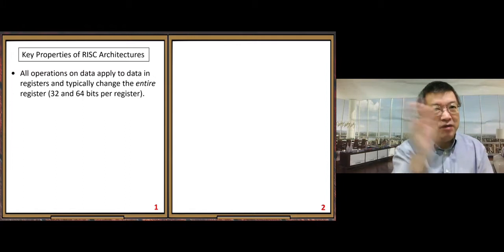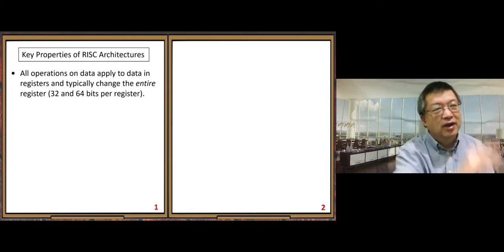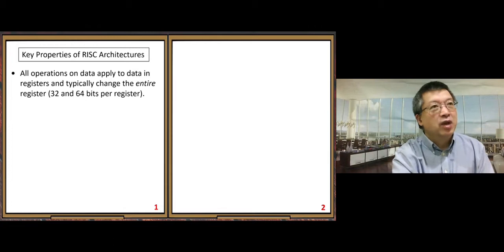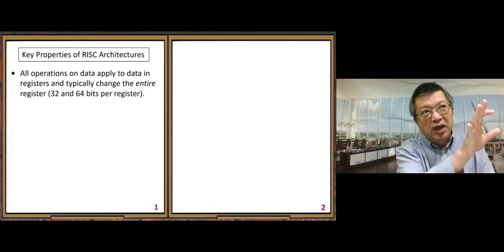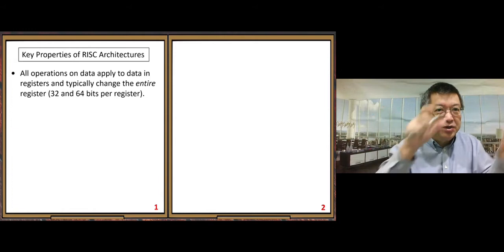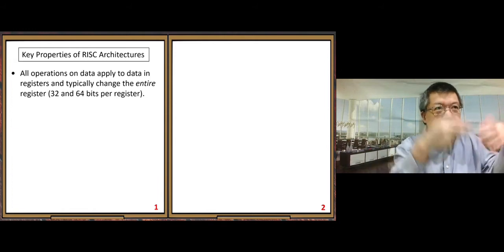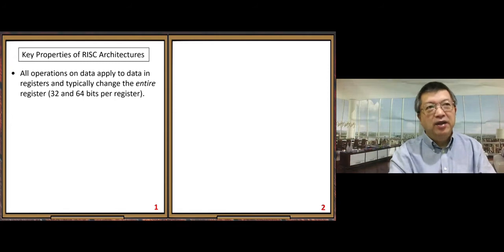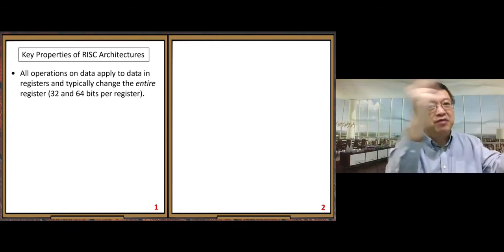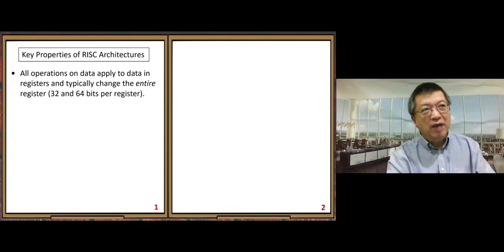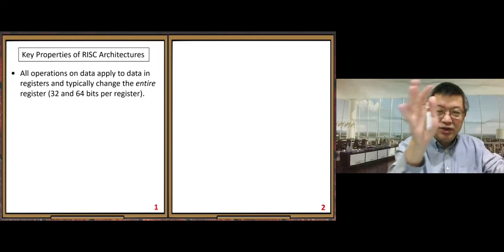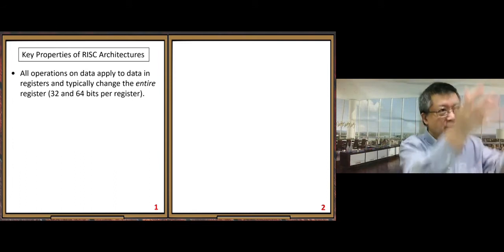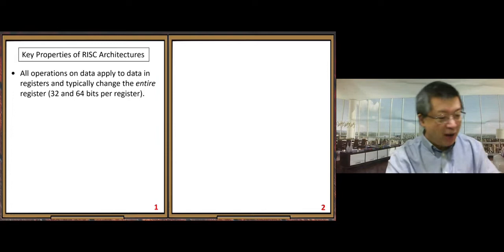Here, because RISC emphasizes simplicity and performance, it does not use one whole register to store multiple pieces, only one piece of data. So every time we apply operations on it, we apply on the whole register, not part of it. So that's the first property.